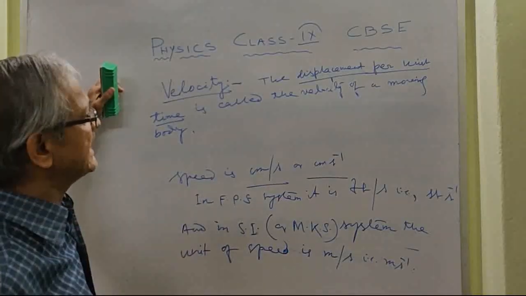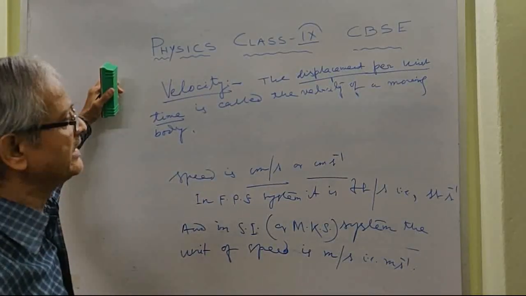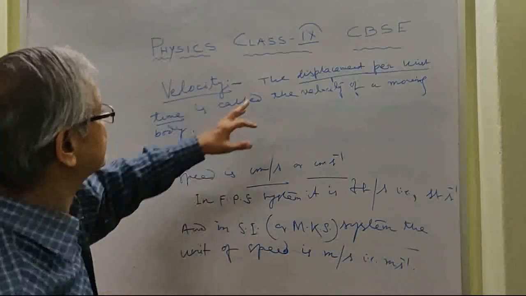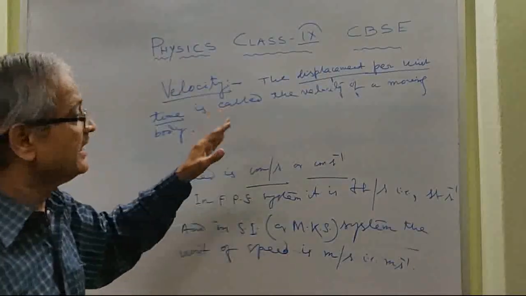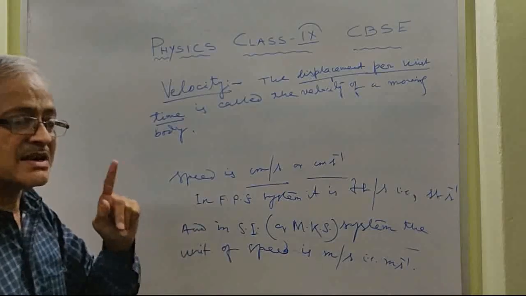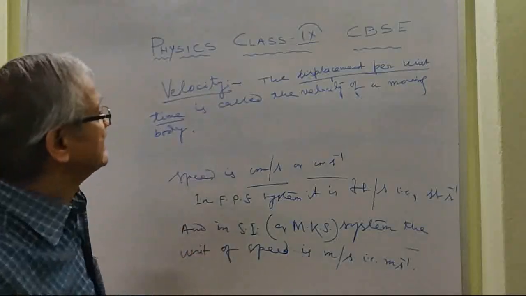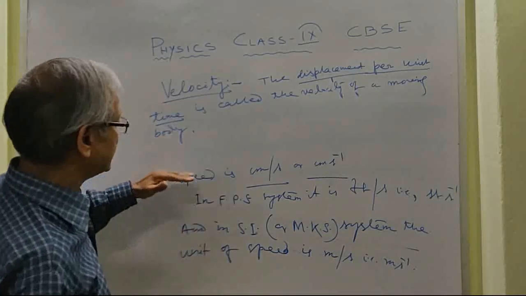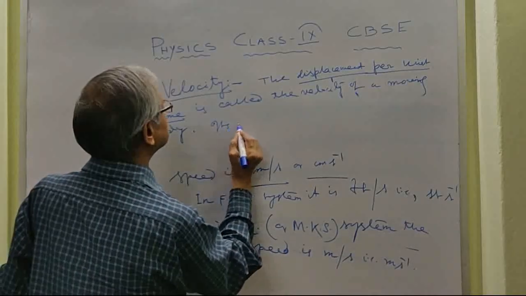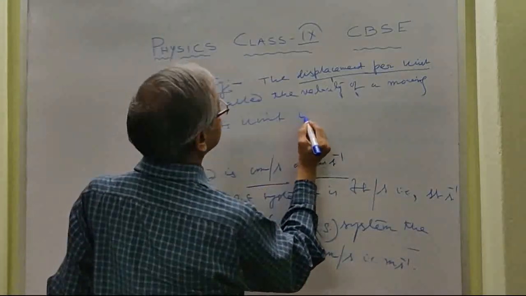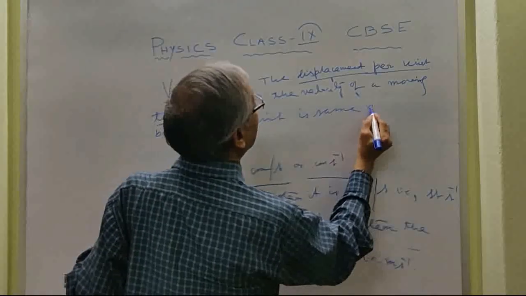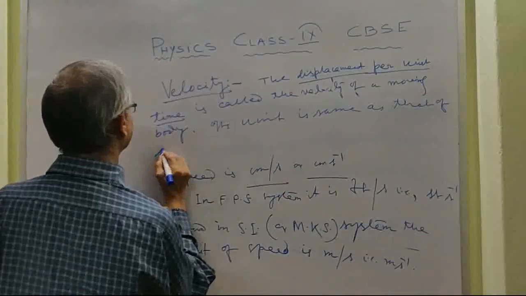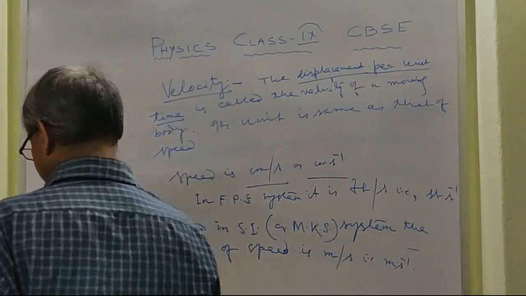We also write that the distance covered by a moving body in a particular direction in unit time is called velocity. Here direction must be mentioned. Its unit is the same as that of speed.